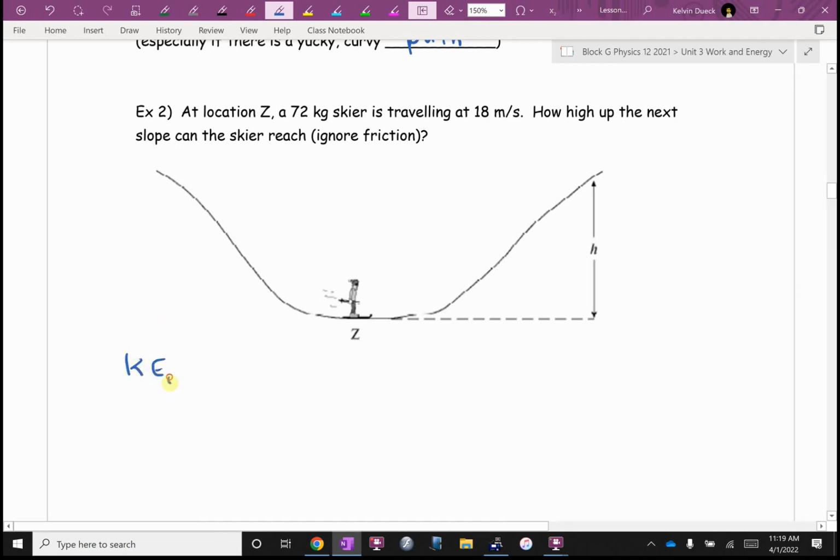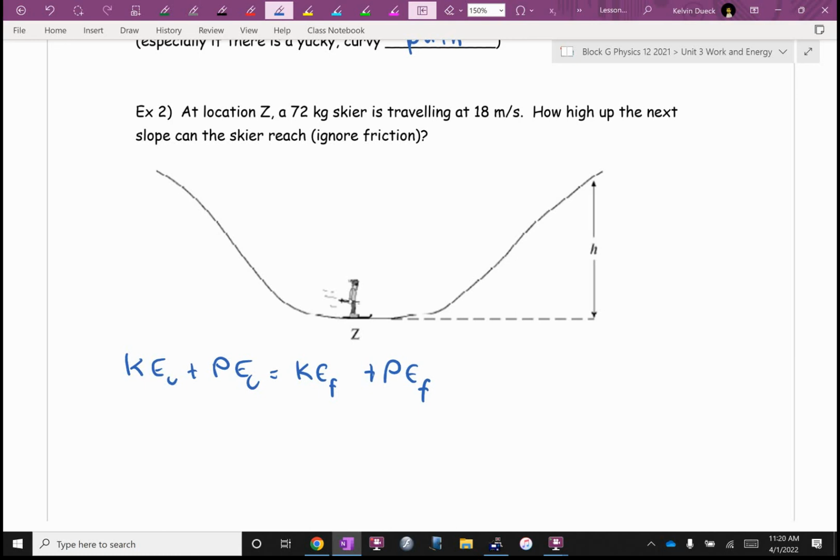So KE initial plus PE initial equals KE final plus PE final. Did I give you this on your formula sheet? Yeah. But I don't think I gave you the one with heat attached. I think I'm going to ask you to remember to add it if it says include heat. All right.